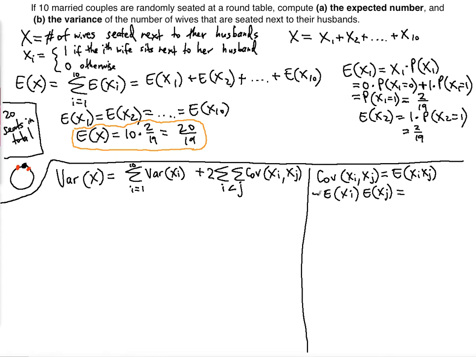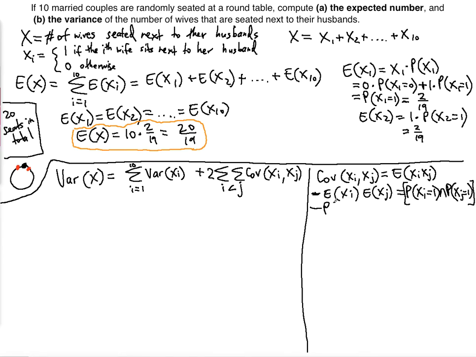So you can notate that as the probability of xi being equal to 1 and of xj being equal to 1, minus, and here again, just as the work we've done here, two probabilities multiplying, right?